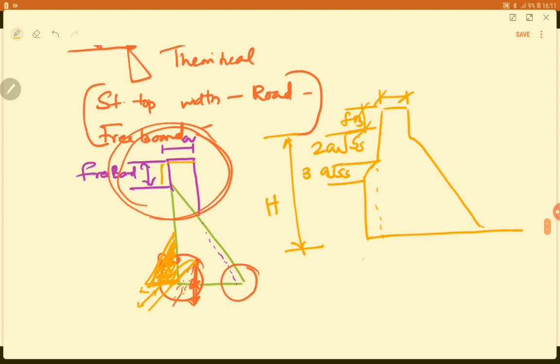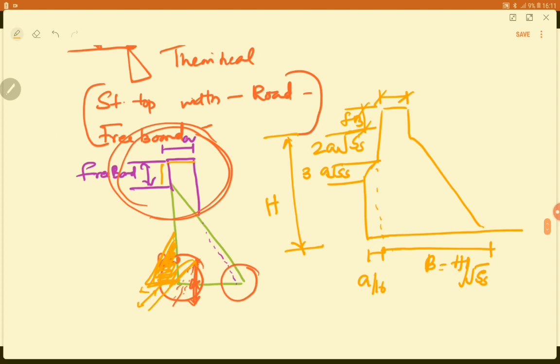This dimension will be equal to a by 16, where a is the width of the roadway. What is this width? This is the same as before, that's the base width. B is equal to h by root of S minus S. So this completes the practical profile of a gravity dam.